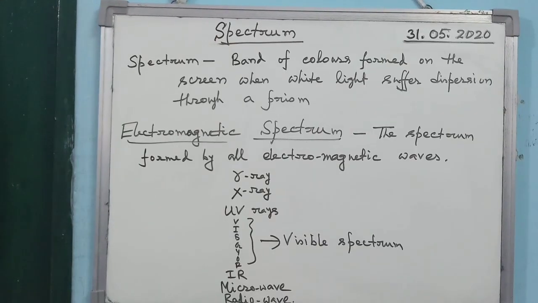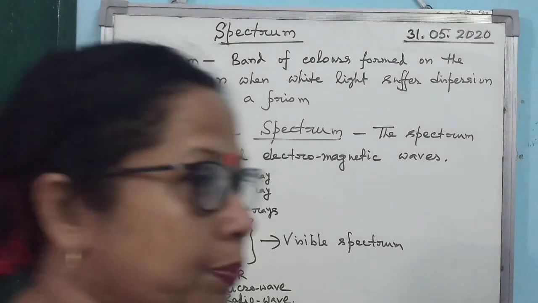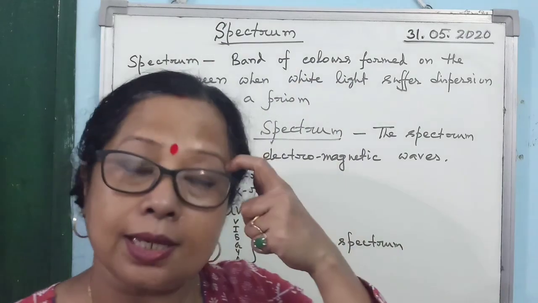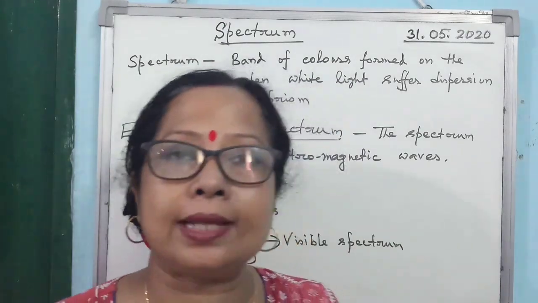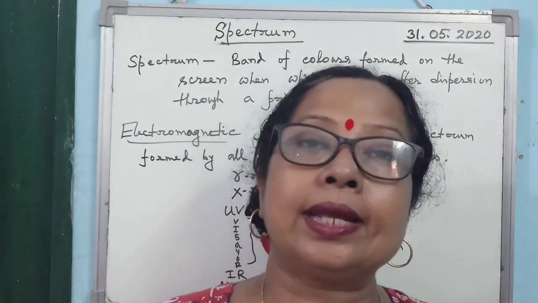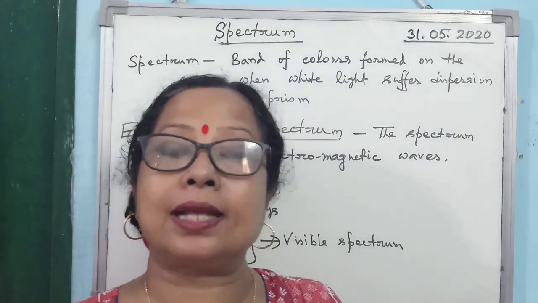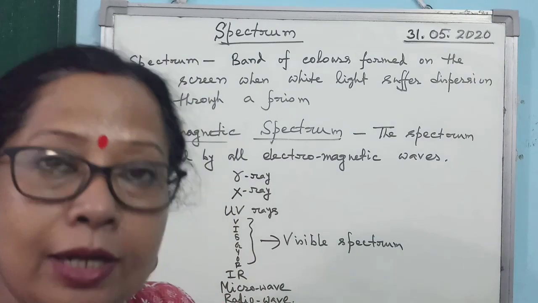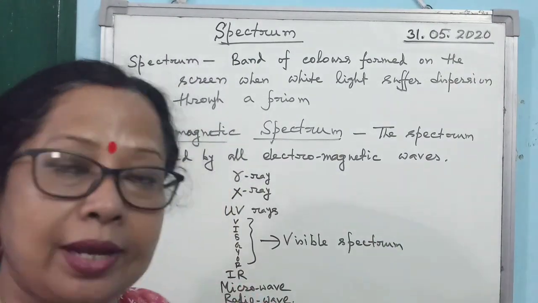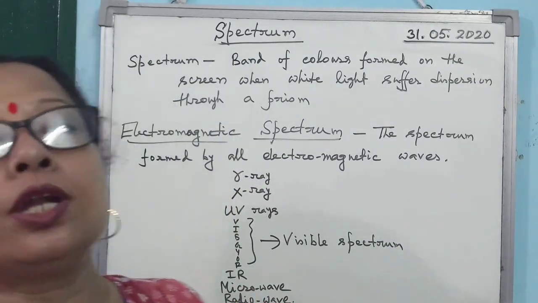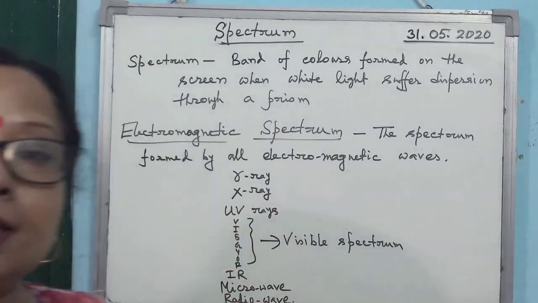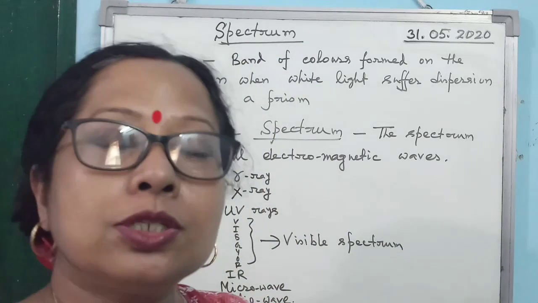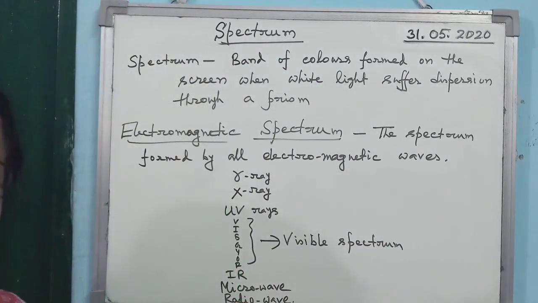Next topic is spectrum. So when dispersion of white light occurs, then you have seen when you are keeping the white screen, on the white screen you are getting the 7 colored bands separated from each other. Is that clear? That 7 colored band obtained on the white screen due to dispersion of white light is known as the spectrum. Alright. So you must learn the definition of spectrum also.